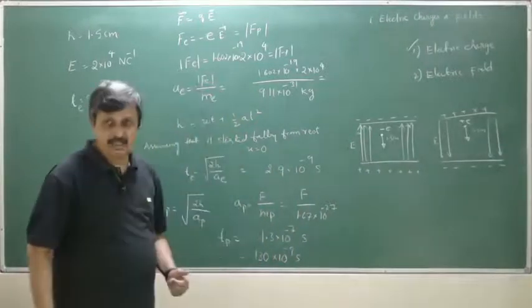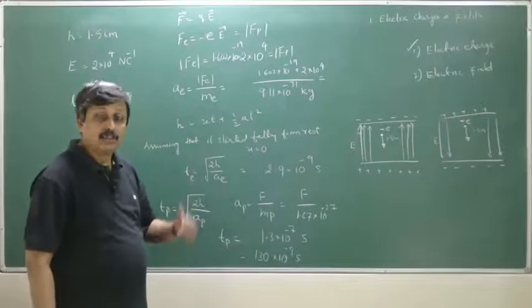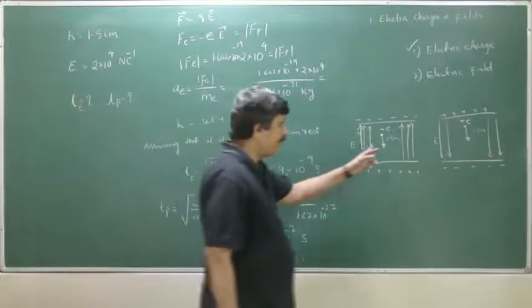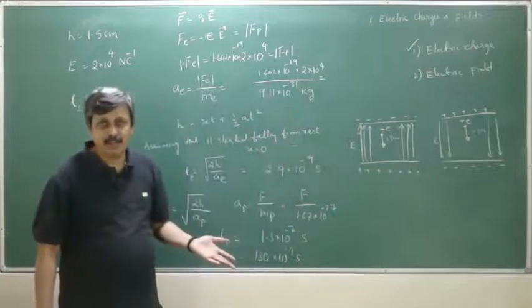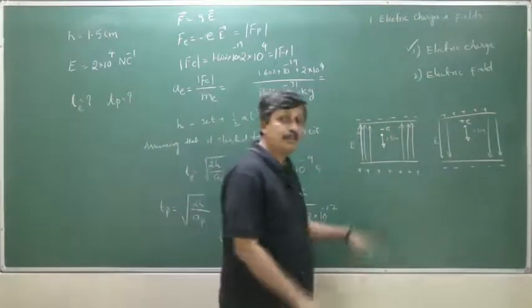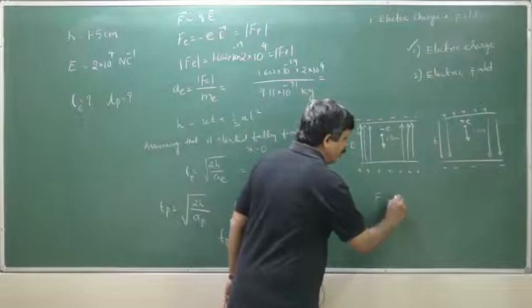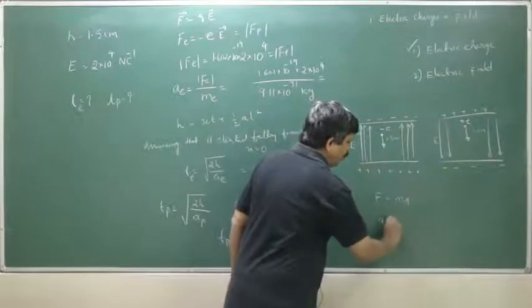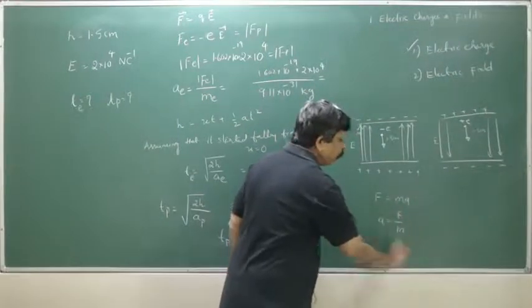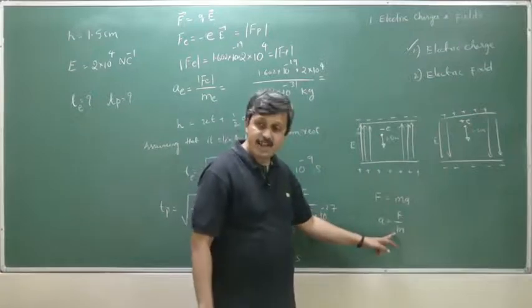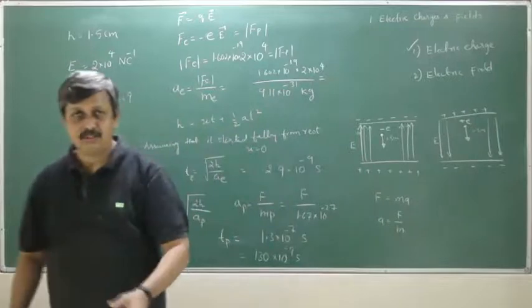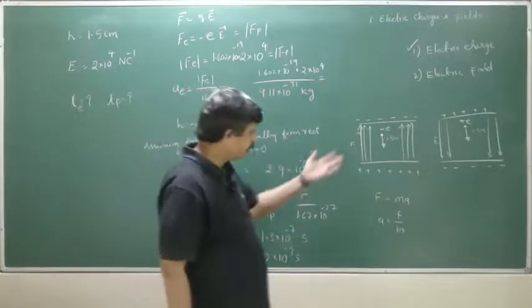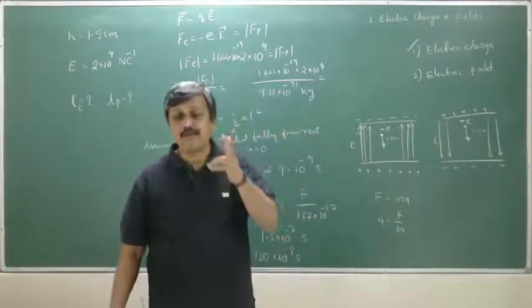Whereas here it is not the case. Here the force on each one of them is exactly the same, because the charges being the same, the force is the same. And once the force is the same, the acceleration depends on F equals ma, or a equals F by m. In the case of a proton, since m is very high, the acceleration is slow and it slowly comes down. And in the case of an electron, it comes fast.